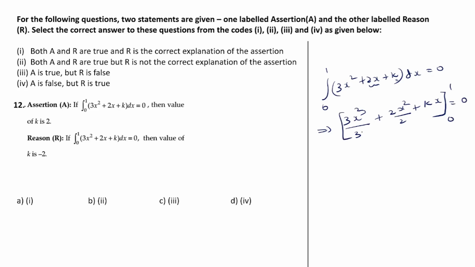This is equal to 0. So when we substitute the upper limit, we get 1 plus 1 plus k minus lower limit 0 equal to 0. So 2 plus k equal to 0 or k equal to minus 2. So here the value of k is minus 2. So the reason is true and the assertion is false. So here A is false but R is true. So the correct option is option D.